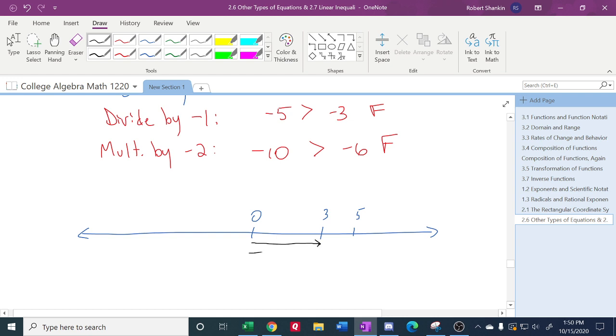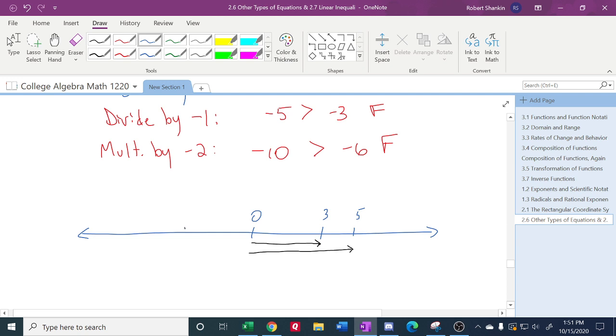Think of 5 as this arrow. Now, what it means to be 5 is greater than 3, the formal definition, is 5 is greater than 3 because it's to the right of 3 on the number line. That's the real definition to be larger than something else, is to be to the right of it on the number line.